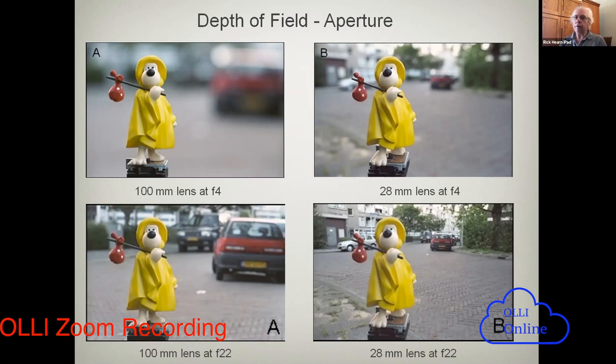Here's the key to the out of focus background. The ratio of camera to hobo versus camera to car distance on the left is 1 to 2, 20 feet versus 40 feet. The ratio of camera to hobo versus camera to car on the right is 5 feet to 25 feet, 1 to 5. 2 to 1 difference in distance on the left, 5 to 1 difference on the right.